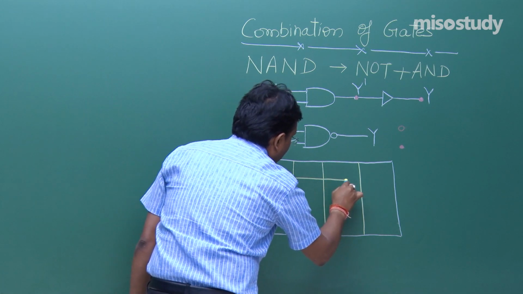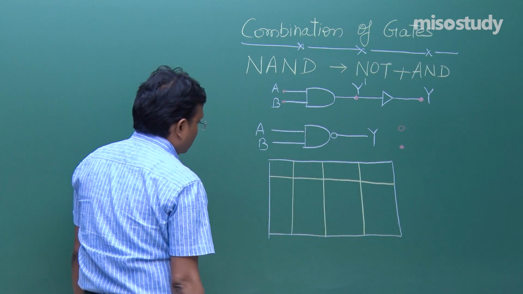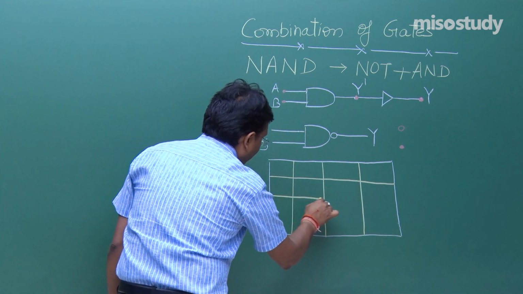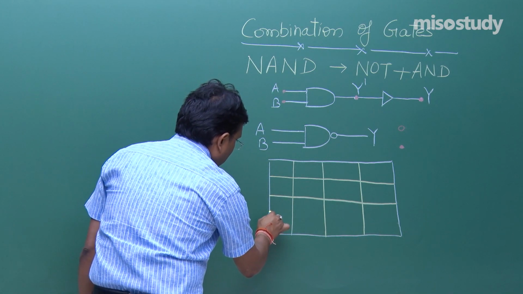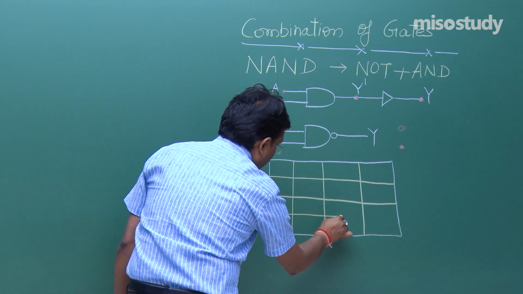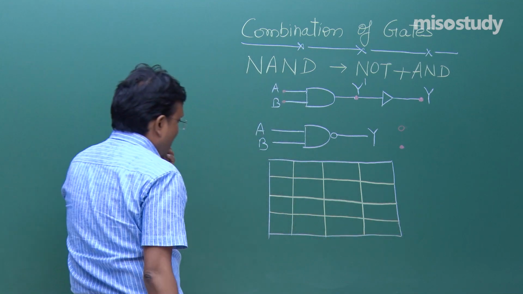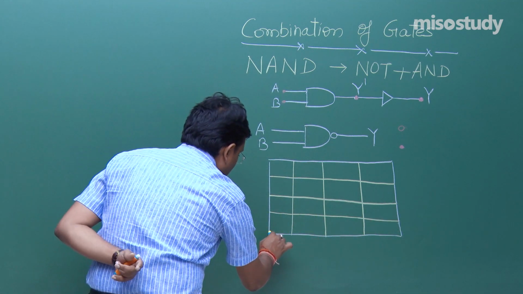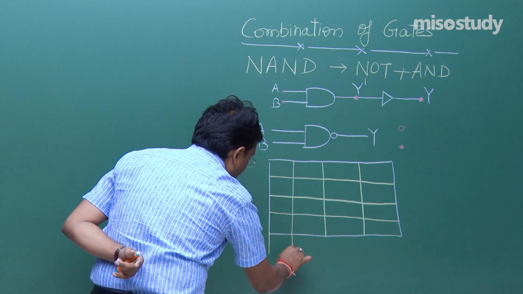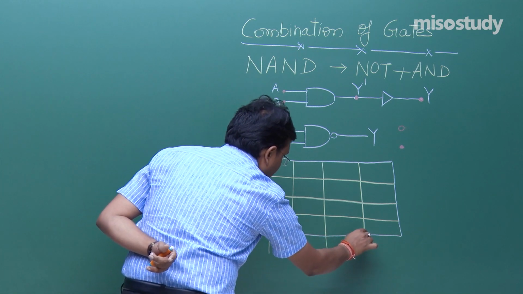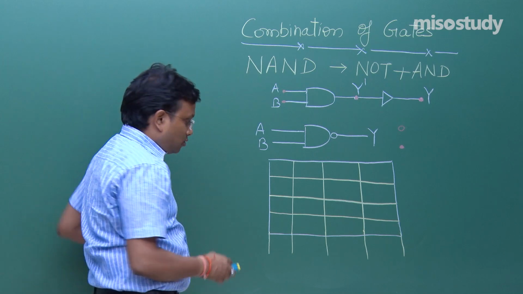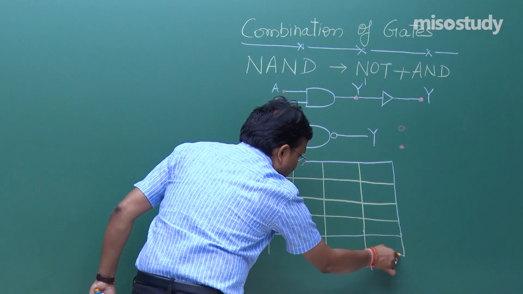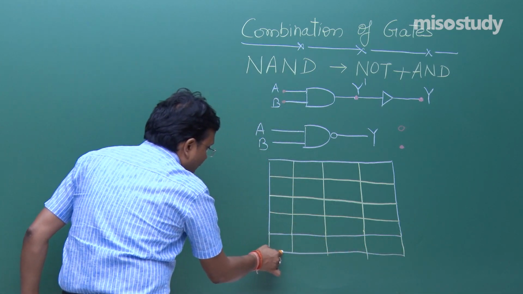This way it is going to be easier for you to understand. I think I should extend it downwards slightly. I hope it is visible to all of you at the bottom also, fine.